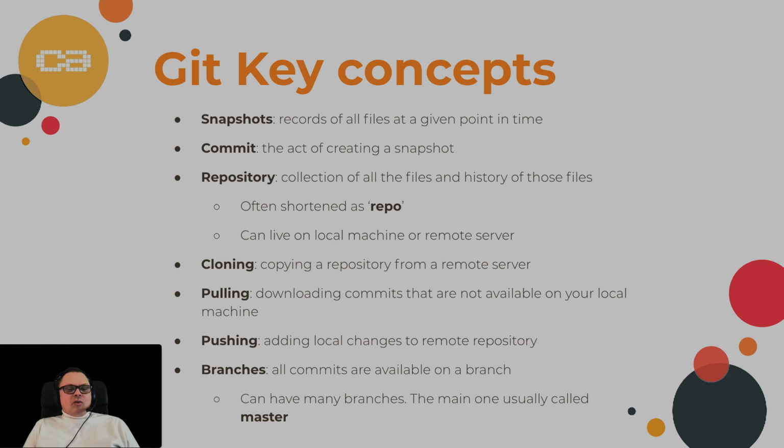And when we say all files, we don't really mean all, but rather those that have gone through some sort of change since the last snapshot. And the commit that we often talk about is the actual thing that you do to create a snapshot. When you issue the command git commit, then you are actually creating a snapshot of your entire repository and all the files that are under version control.